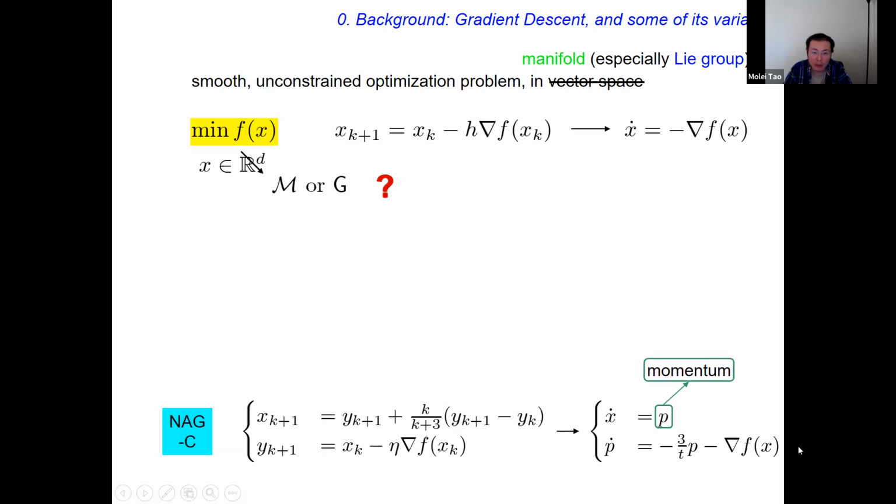So all these were done, classical theory, very beautiful. And what I'm trying to think about is the case where you don't really have a function defined in Euclidean space, but on a manifold, or even some special manifold such as a Lie group. And what can happen?